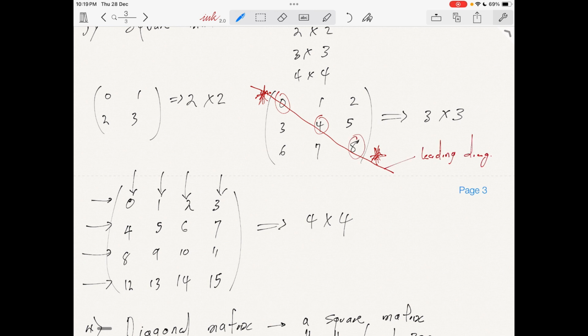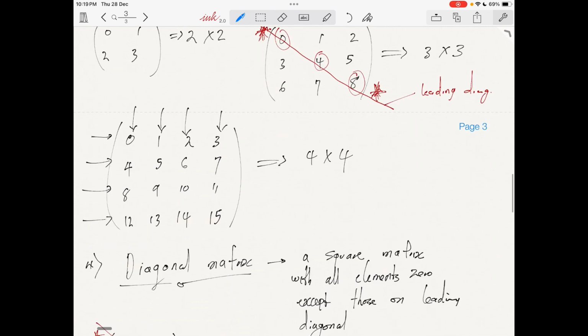Now if you look at the 4 by 4 matrix we have here, you will go from the top left to the bottom right. We realize that if we draw a connecting line between them, we will have 4 elements on it. This is what they call the leading diagonal.